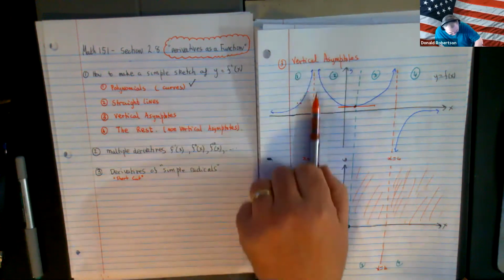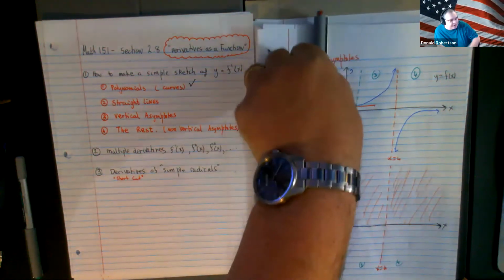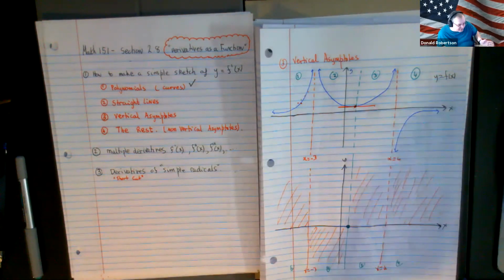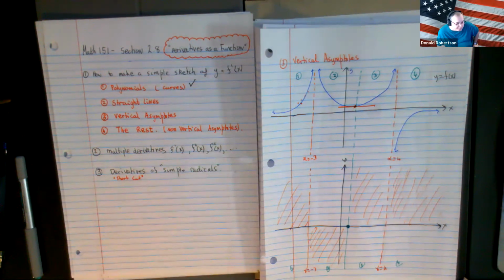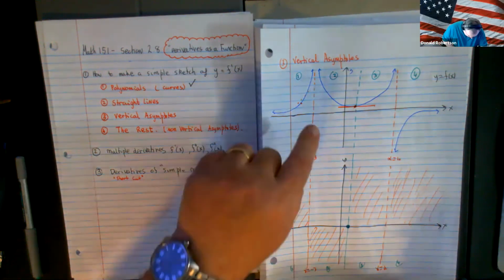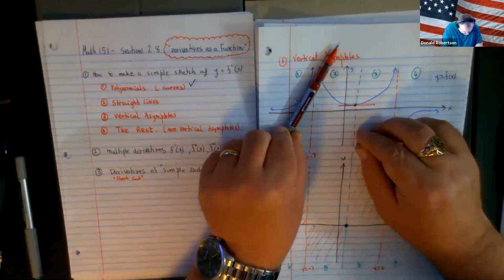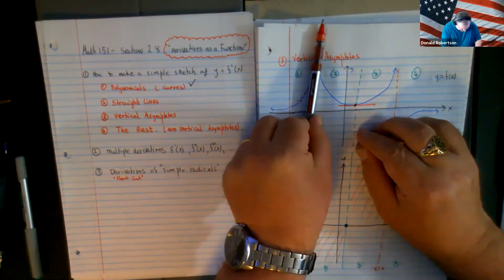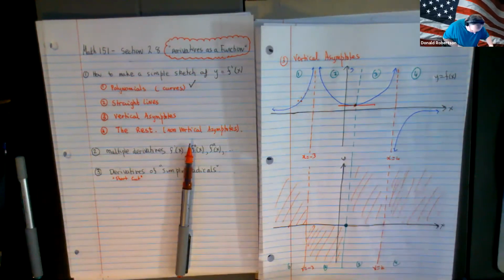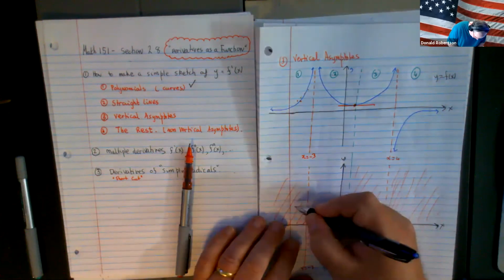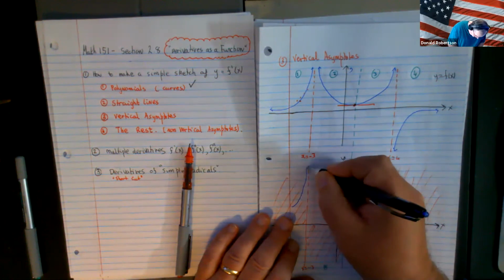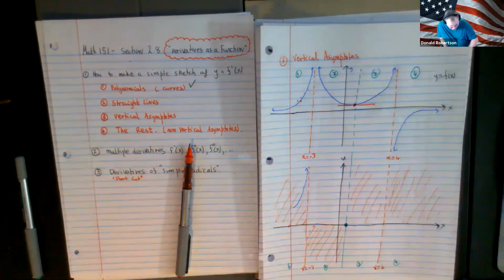Well, it's either positive infinity or negative infinity, which means it's a vertical asymptote, right? So on this side, won't all the tangent lines be positive and getting more and more and more positive? So that tells me I have a vertical asymptote that goes up the way, right? Gets more and more positive.